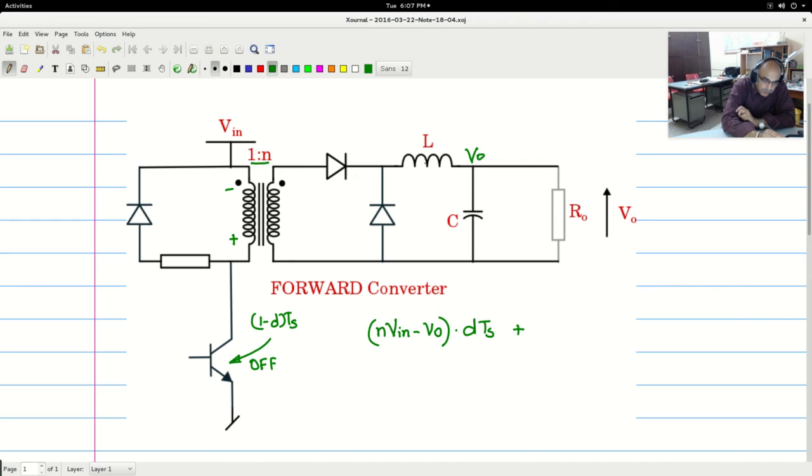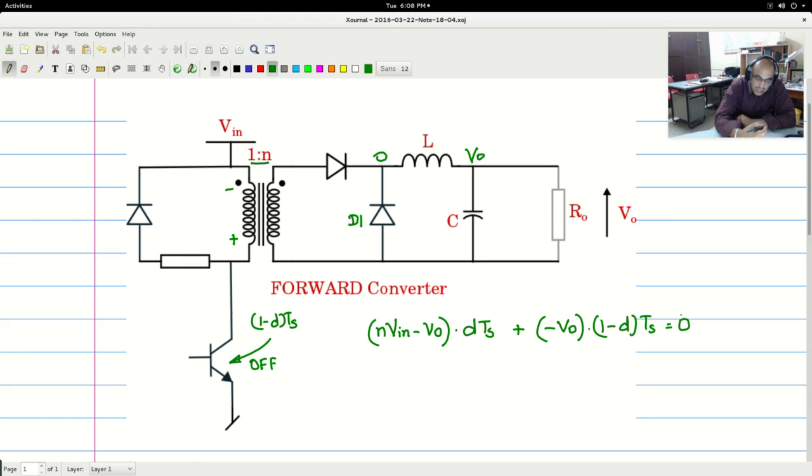There is a freewheeling through this diode. Let us say I call this diode D1, and this is at 0 volt if D1 is ideal. So you have minus V0 appearing across the inductor into 1 minus D TS. Now that should be equal to 0.